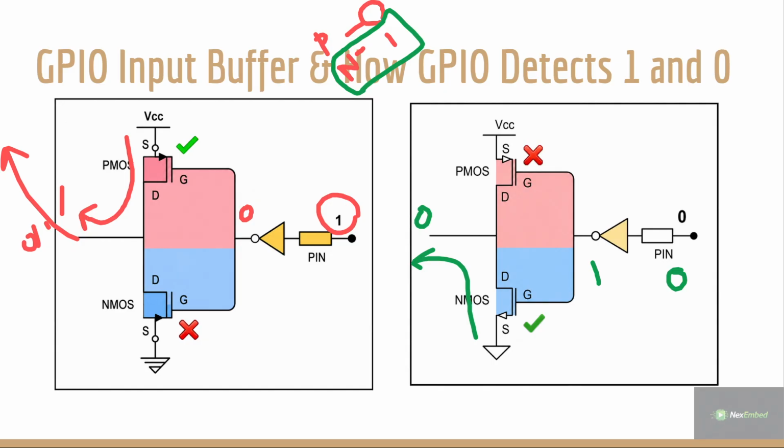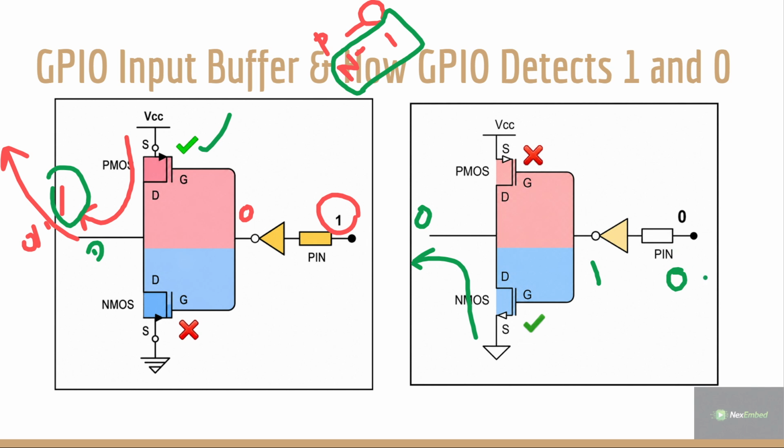Is it clear? So in one case, if I am getting input 1, it will be inverted as 0, and if the value is 0, PMOS will be active. So current flows from VCC to this particular pin, which we can say is the drain. From VCC to drain, current flow will be there, so the input to my MCU will be 1.